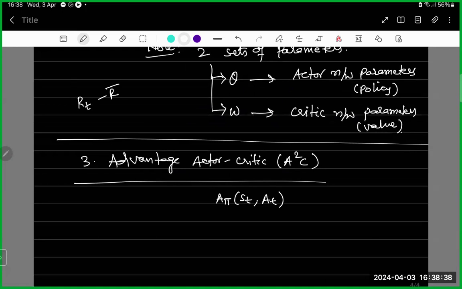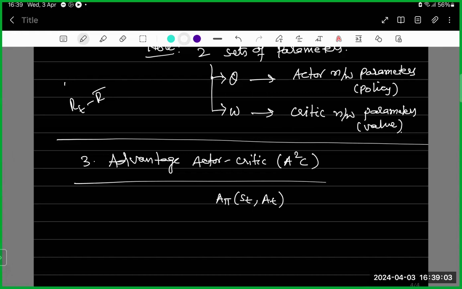RT is the reward that you got for taking action AT, and R bar is the average reward that you get. So you can think of RT minus R bar as the value of some particular action compared to a typical action or an average action, right?